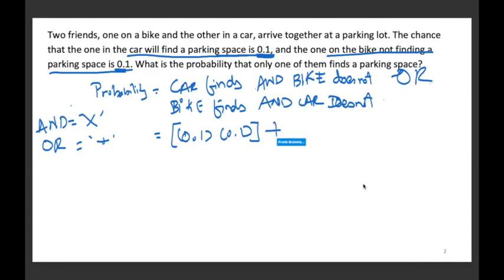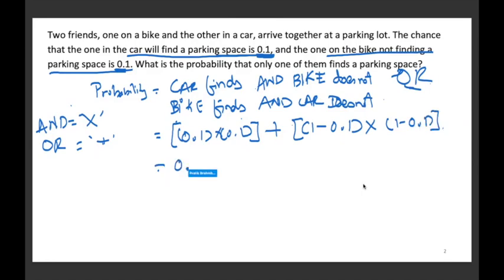Plus, the or, so plus. The bike finds a parking space. The bike does not find a parking space is 0.1. So the bike finding a parking space will be 1 minus 0.1. Multiply by the car does not find. The car finding a parking space is 0.1. So the car does not find a parking space will be 1 minus 0.1.